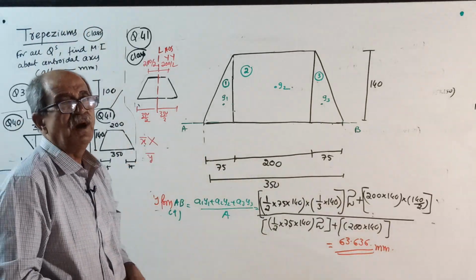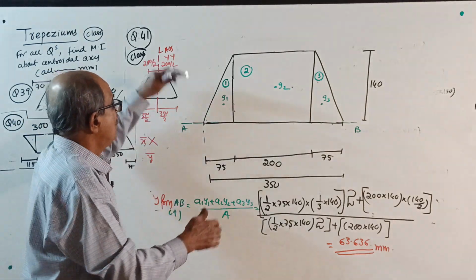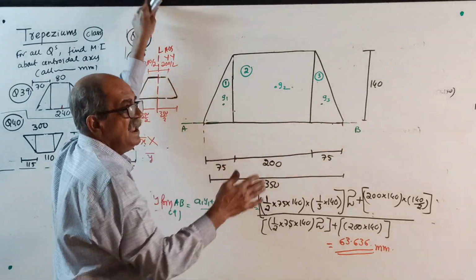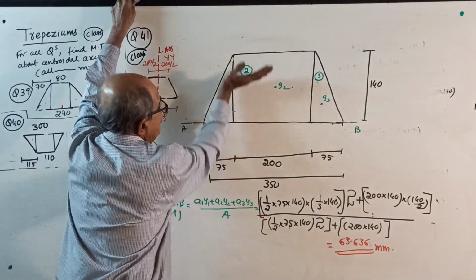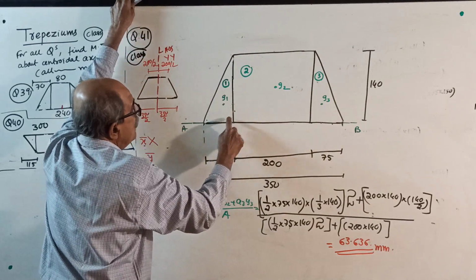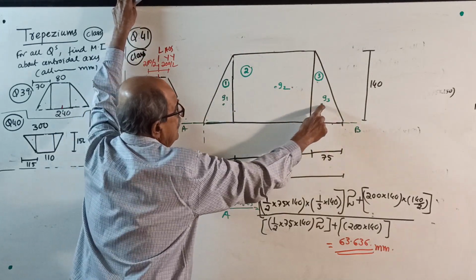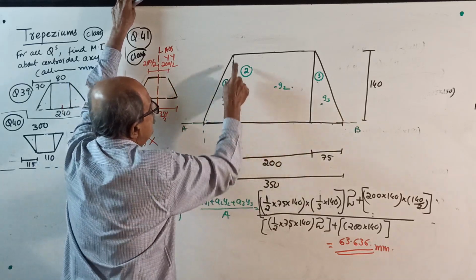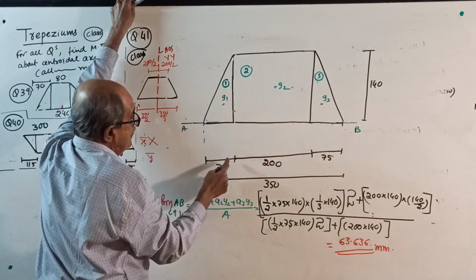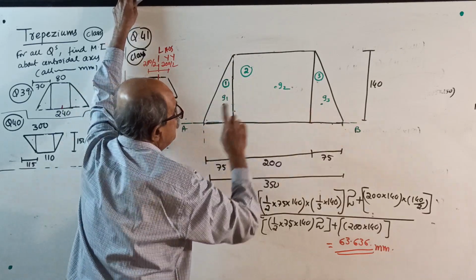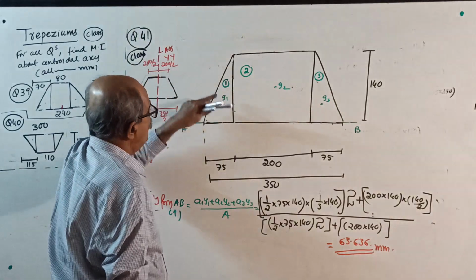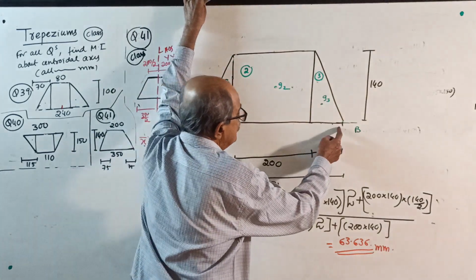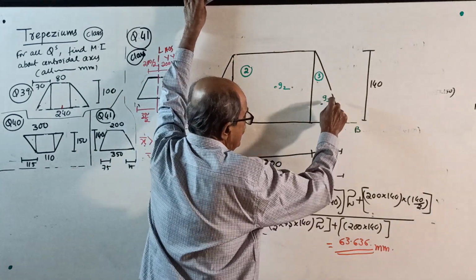When you want only y bar, origin O is not required. Y bar from the reference horizontal axis AB, my name AB. Y bar from AB equals A1 y1 plus A2 y2 plus A3 y3 over total area. A1 is half into 75 into 140 into y1, which is 1 by 3 of 140. Now do one thing, 1 is over now. You need not do here. See, even for 3 also, same area, same y1.